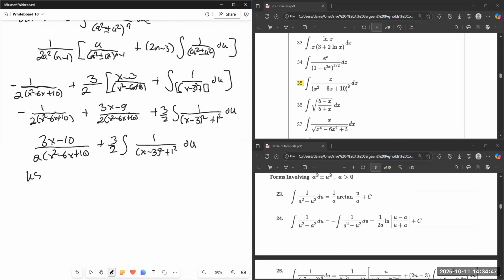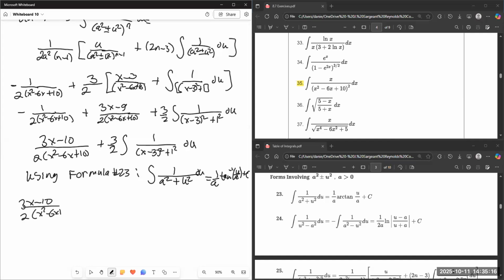So using formula number 23, which says the integral of 1 over a squared plus u squared du is equal to 1 over a arctangent of u over a plus c, then this is going to be 3x minus 10 over 2 times x squared minus 6x plus 10 plus 3 halves times 1 arctangent of u, which is x minus 3 over 1 for a, plus C, and there it is.